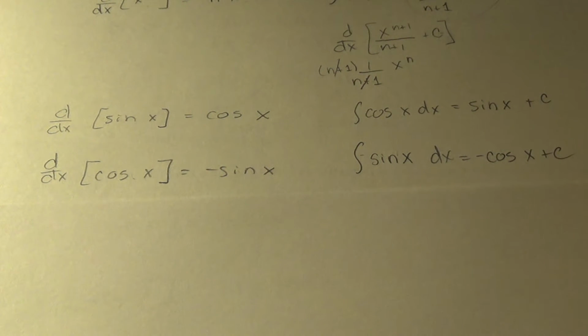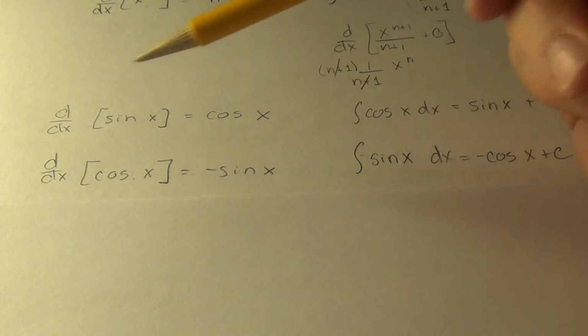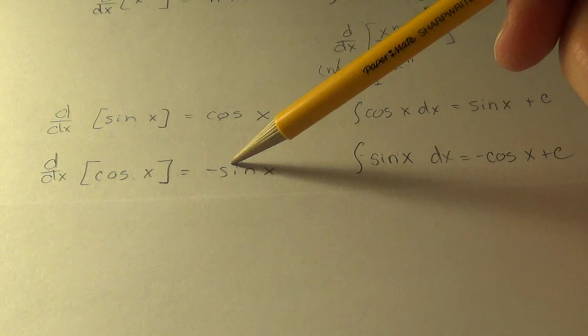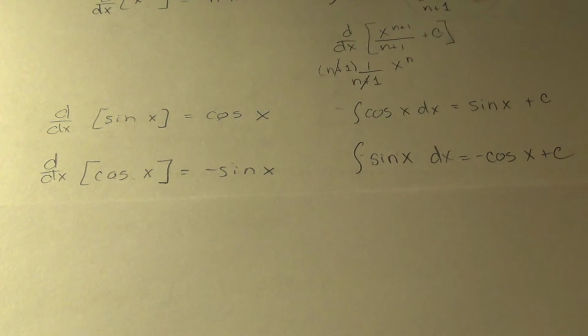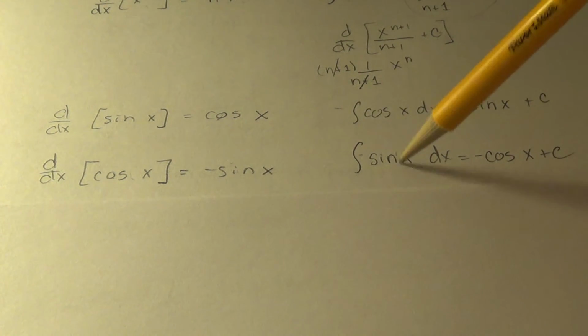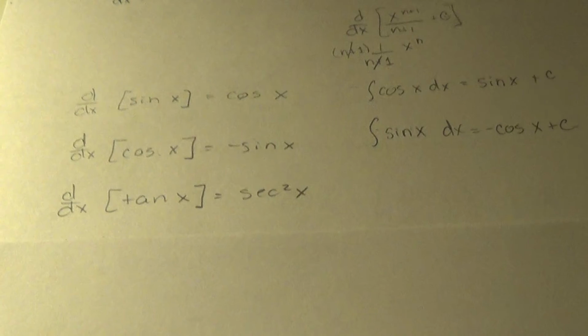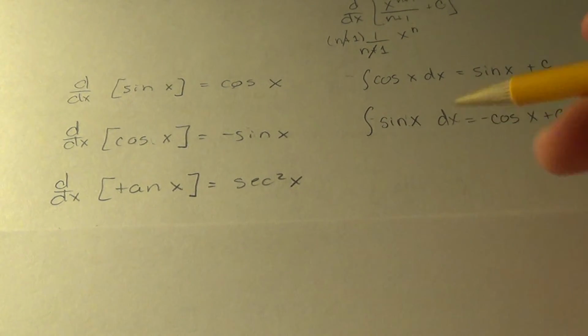All right, so we have to keep this straight. The derivative of sine is cosine. The derivative of cosine is negative sine. But the integral of cosine is sine, and the integral of sine is negative cosine. So, good luck with that. The derivative of tangent is secant squared.